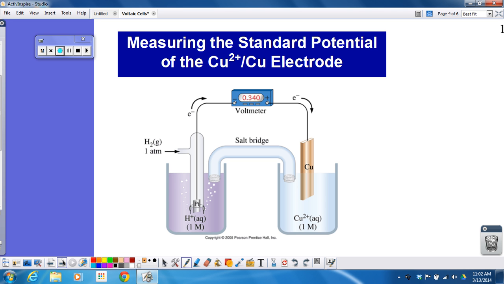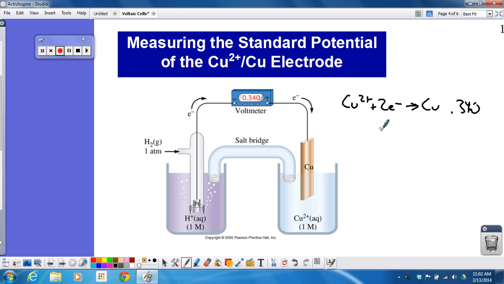And so when we measure the voltage, we notice we get 0.340 volts. So the potential of this half reaction where I have Cu2+ + 2 electrons yielding Cu, I'm going to call that voltage 0.340. Okay, and that's a standard potential, so this is carried out under standard conditions.